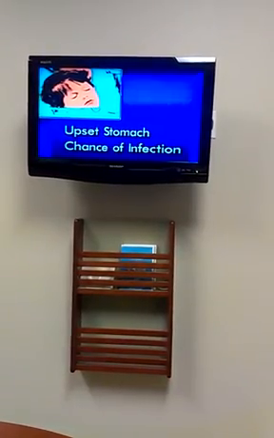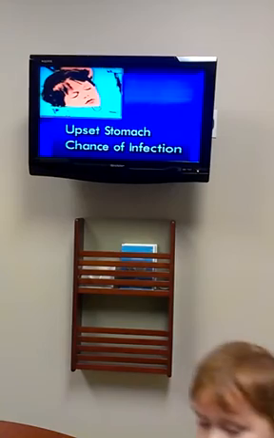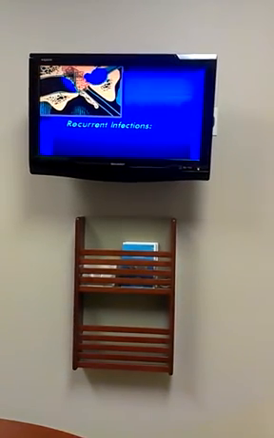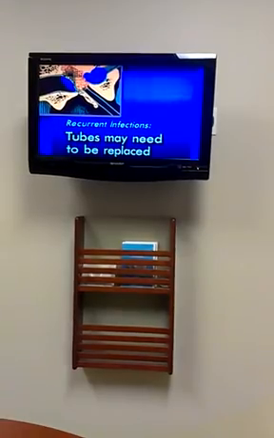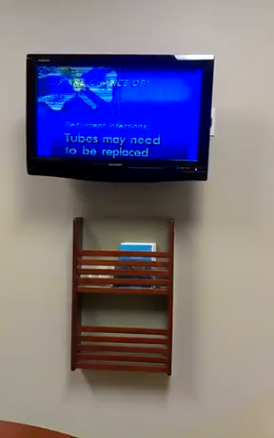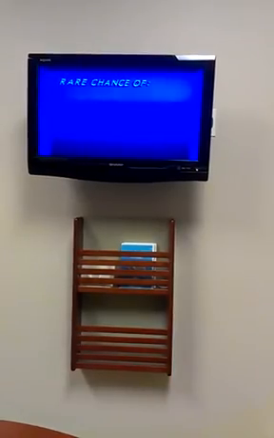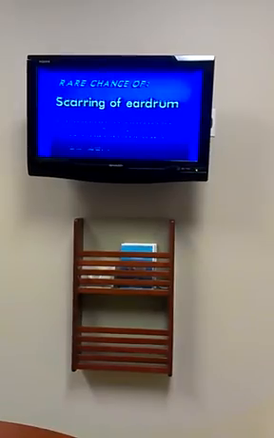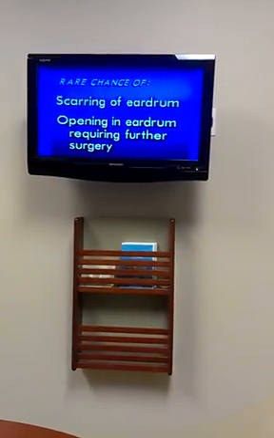There is also a chance of infection from the surgery. If fluid builds up or infections keep coming back, the small tubes may need to be replaced after they fall out. In rare instances, the surgery could leave the eardrum with a small scar, or there could be a persistent opening in the eardrum, possibly requiring further surgery.